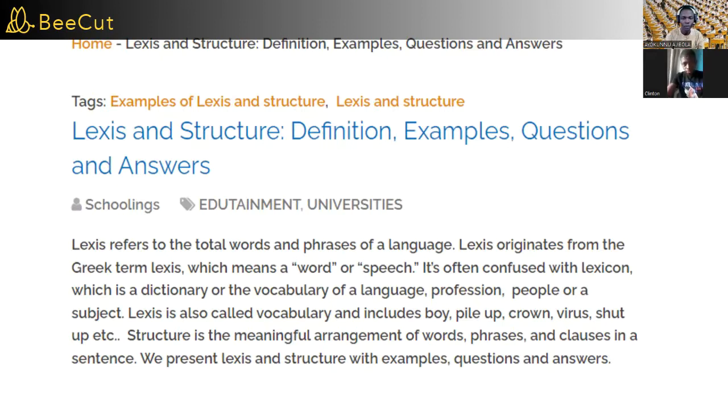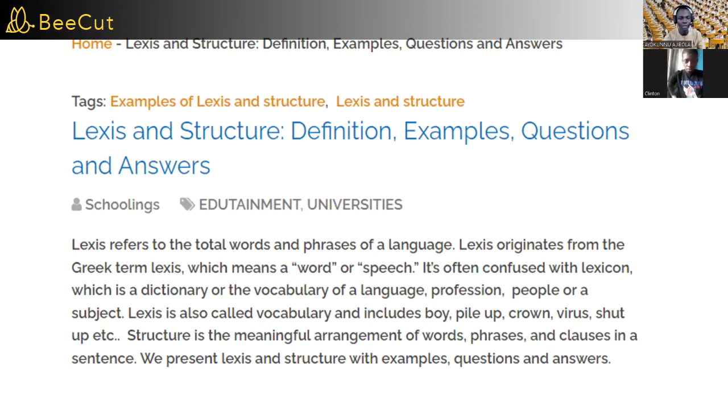So all the words of that language that are combined together to make the language one, to make it complete, all those words, total phrases that we use that are part of that language are referred to as lexis.